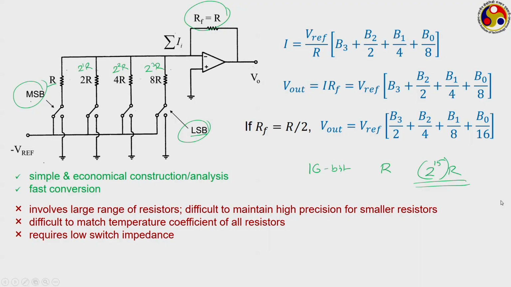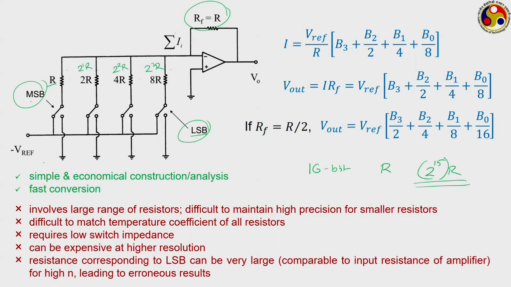Then we require low switch impedance, which can be expensive at higher resolution just because of the precision related issue with lower resistors. And also when we are dealing with a very large resistance corresponding to the LSB, this resistance itself may be similar to or maybe even larger than the input resistance of the amplifier itself, and therefore, that will lead to a significant amount of error in the final result.